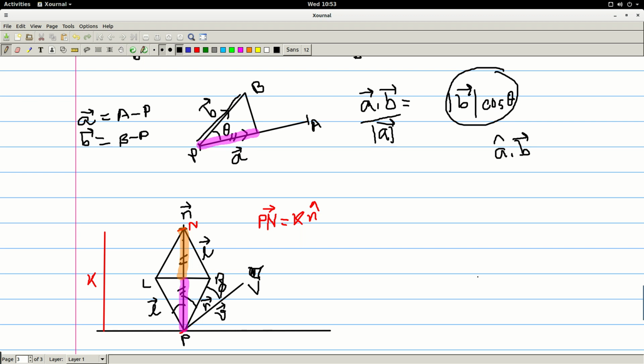L is vector A, and we are trying to project that on this long vector. This is the N vector. We are going to project L onto A, and we're going to find out the length over here. We already know the L vector, we already know the N vector. We want to find out the pink length. L minus P gives you the L vector, yes, we know that. And we also have the N vector. Just we need to figure this part out.